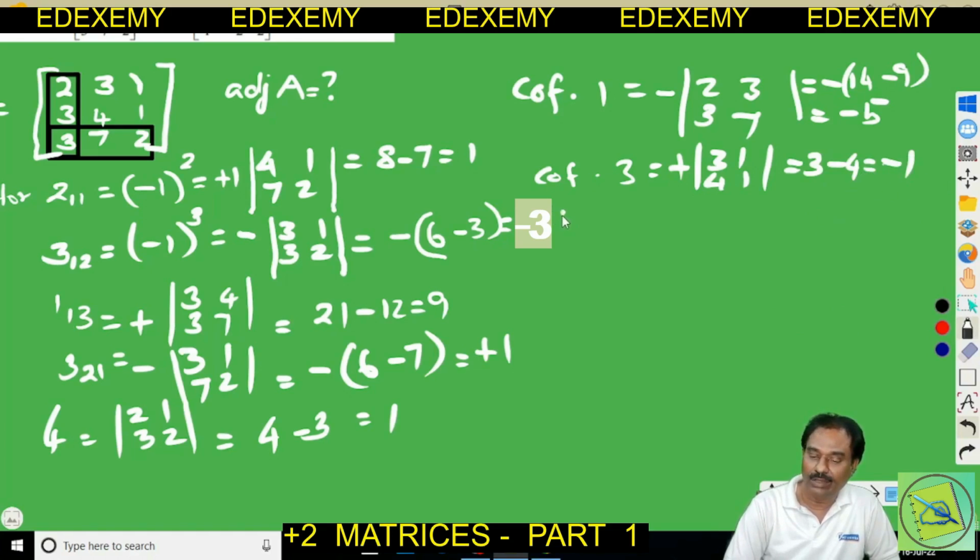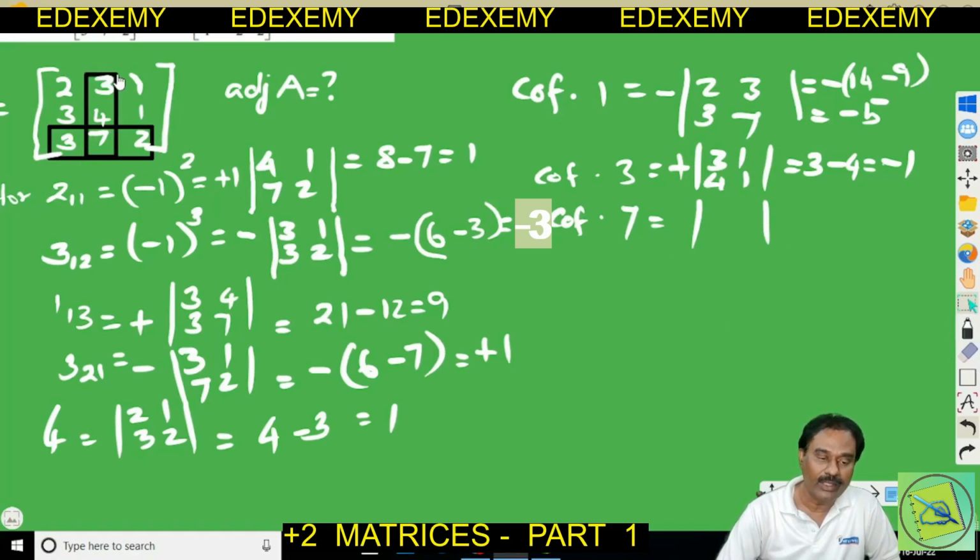Similarly, we can calculate the cofactor of 7 here, which is in the third row, second column. Previous one is positive, therefore this one is negative. So we will shift this column to here. It is in the third row, second column. What are the remaining numbers? 2, 1, 3, 1. We will write here in the determinant 2, 1, 3, 1.